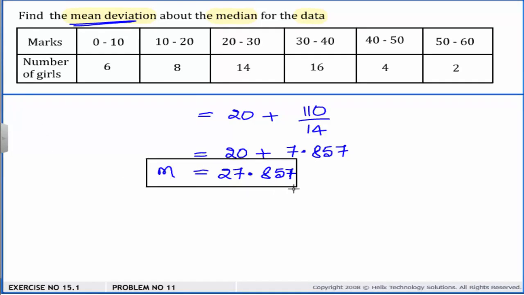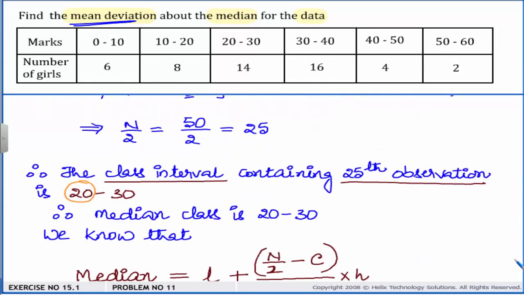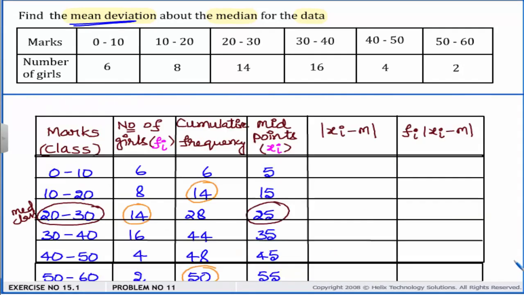Now let us write this value nearer to the table so that we can complete the rest of the two columns. Median is equal to M is equal to 27.857.